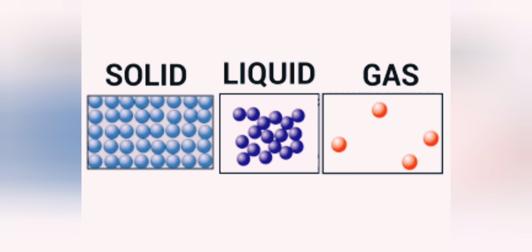If the particles are very tightly packed, they are called solid. If they are a little bit loosely packed, they are called liquid, and if they are very loosely packed, they are called gas. So we all are aware of these three states of matter.